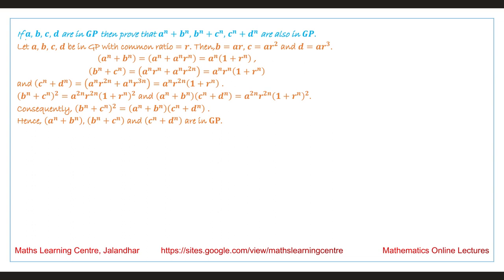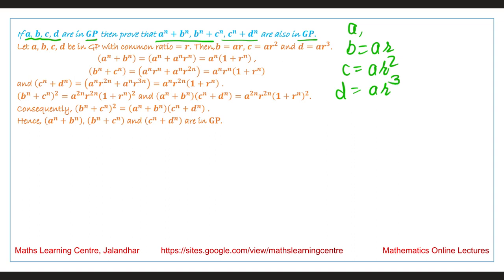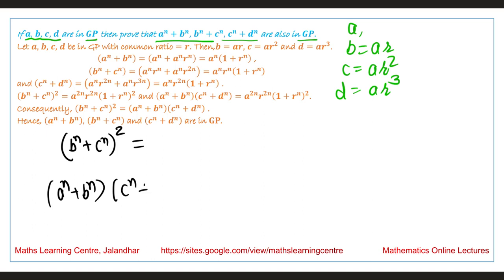Next is, if a, b, c, d are in GP, we have to prove that a raised to the power n plus b raised to the power n, b raised to the power n plus c raised to the power n, and c raised to the power n plus d raised to the power n are also in GP. So again we write the first term as a, b as ar, c as ar square and d as ar cube. Now we calculate the value of b raised to the power n plus c raised to the power n whole square, and the value of a raised to the power n plus b raised to the power n into c raised to the power n plus d raised to the power n.